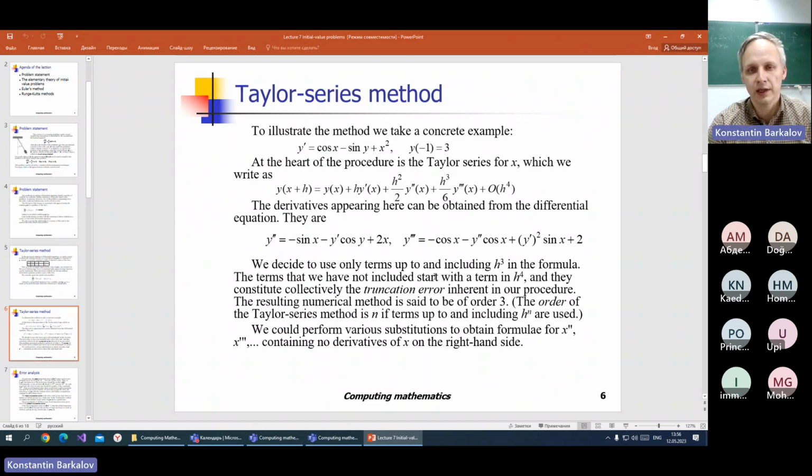The derivatives appearing here can be obtained from the differential equation. The first derivative we know directly; it is written here. The second derivative we can compute as the first derivative of the first derivative. The third derivative we can compute as the first derivative of the second derivative, and so on.